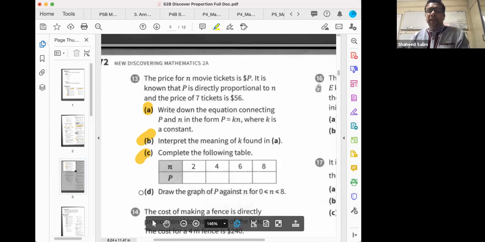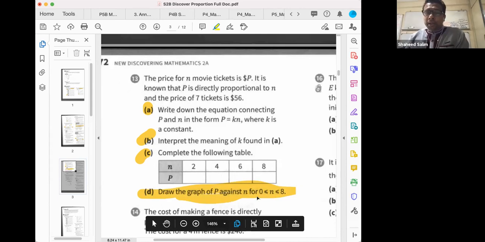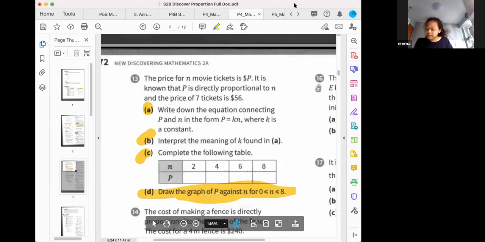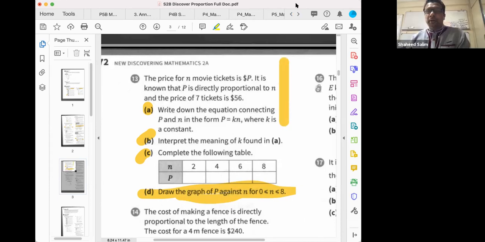If let's say they ask you to draw a graph, you know what to do? This one now they tell you this is the value of n. Let's say I have a graph up here.